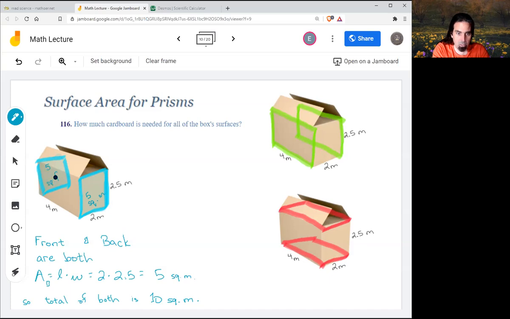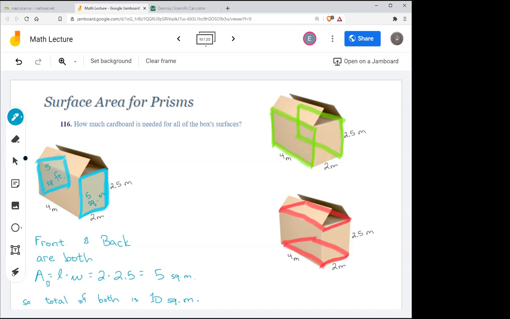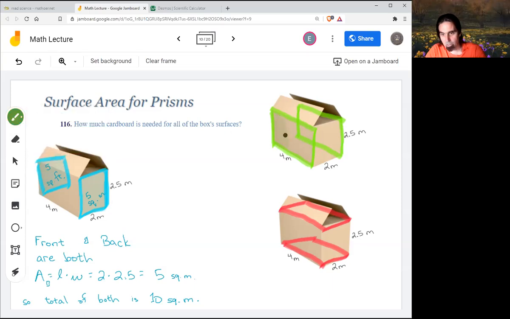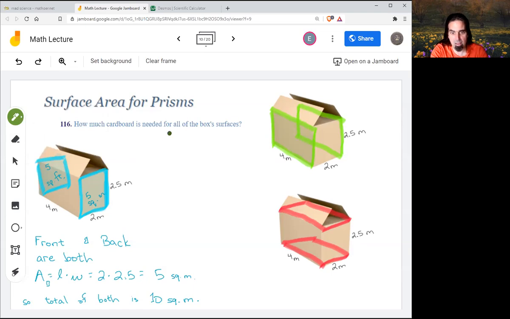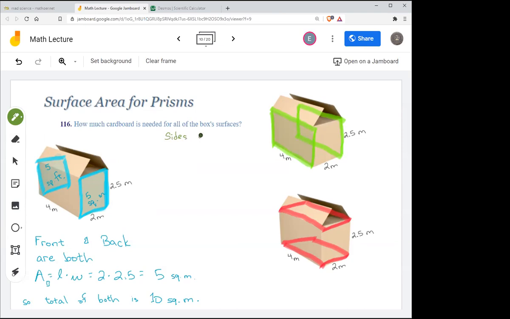So good so far? Or so far so good? Yeah. Okay, green. Now I want to find how big is the area on the side of my box. Four and 2.5.